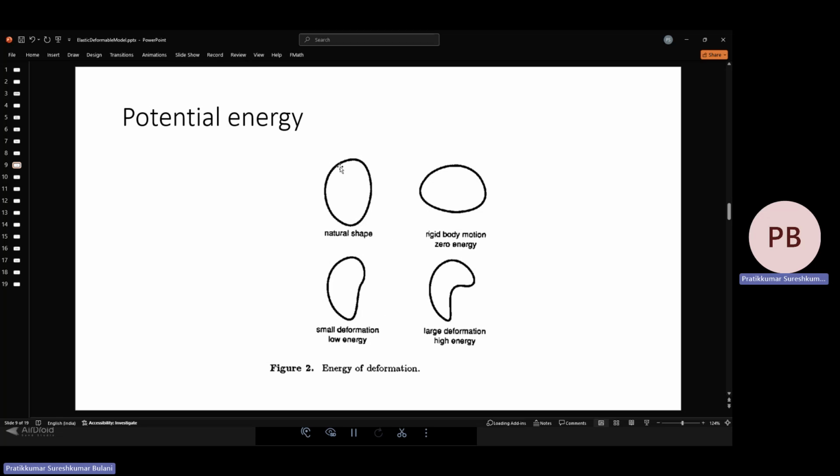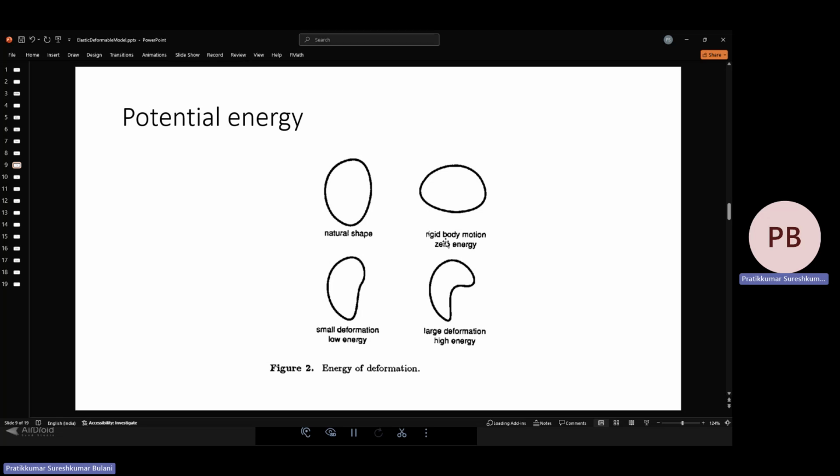By the way, this is the natural shape, the undeformed shape. And if you are performing a rigid body transformation, what do I mean by rigid body transformation? Rotation and translation, nothing more.